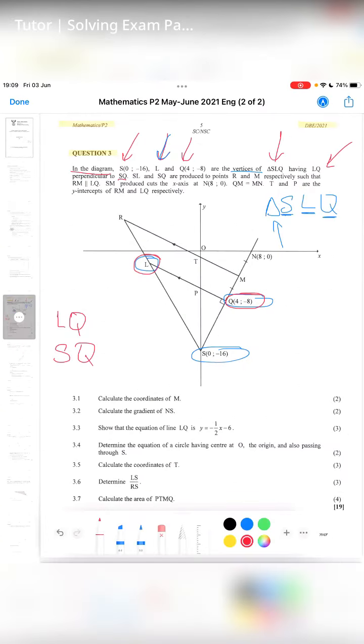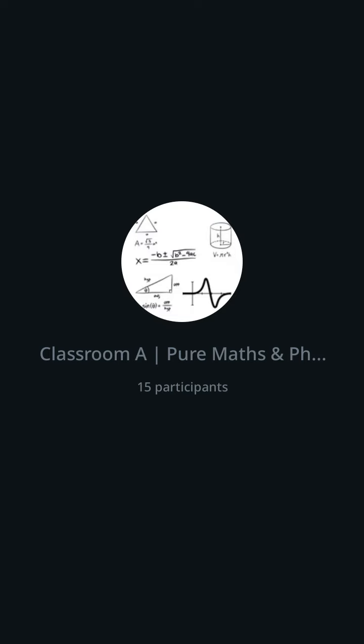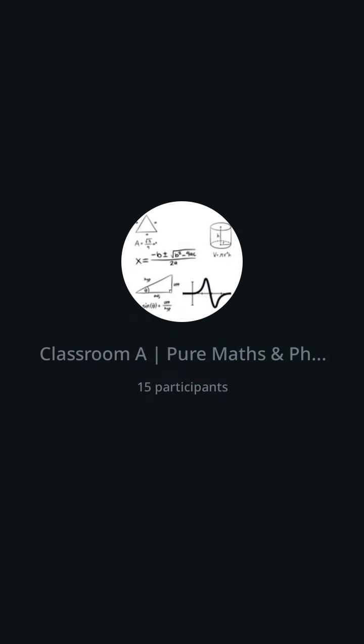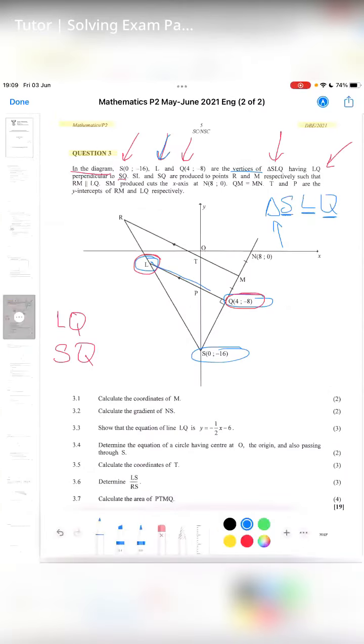Let me just check if I'm not missing something there. Okay, no, I'm not missing anything. So we are talking about two lines there, LQ and SQ. They're saying these two lines are perpendicular to each other.